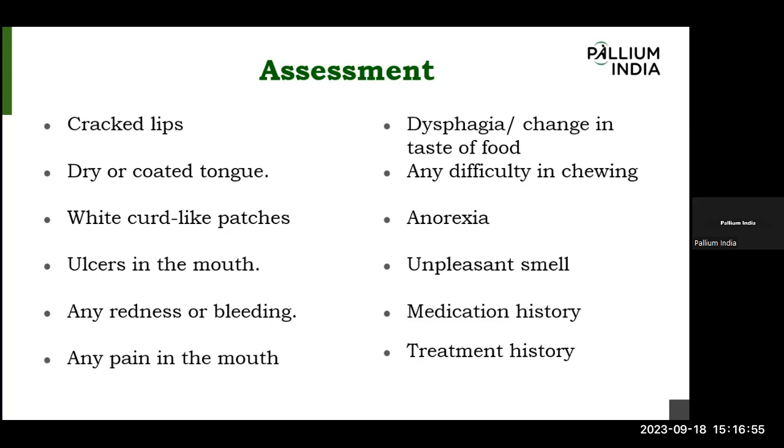So you have to check for that. And treatment history too, because if the patient is on, maybe after chemotherapy or radiotherapy, usually stomatitis is one of the most common problems. So you have to check for that and encourage the patient. If they are able to take oral fluids, you can encourage them to take it, but otherwise you have to identify the cause and treat the underlying cause.